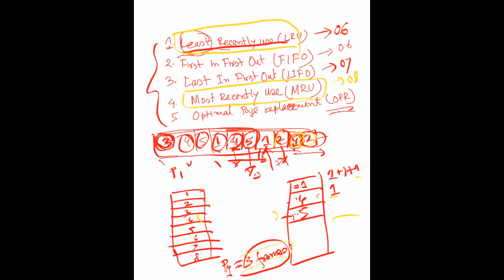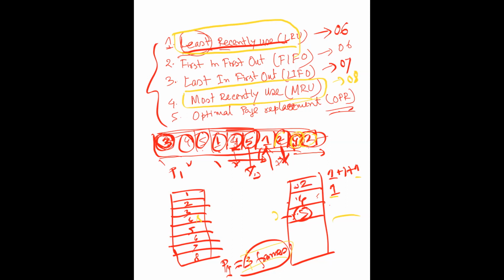So 4 is available, so it won't touch page 4 because it will be accessed in the near future. 2 is not inside the RAM, and now it is requested. So instead of 4, the OS can replace either page 1 or page 5, because these are not accessed by the CPU in the near future. Any of them can be replaced, no problem. So let's say the operating system replaces page 1 by page number 2.